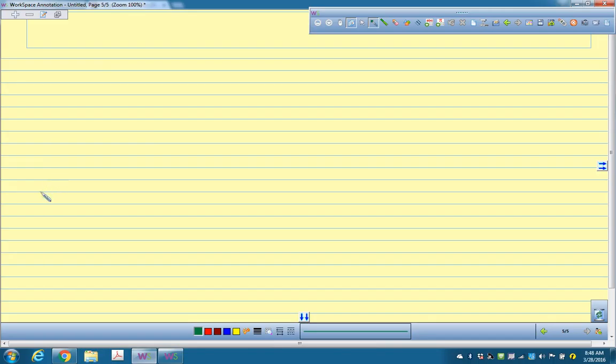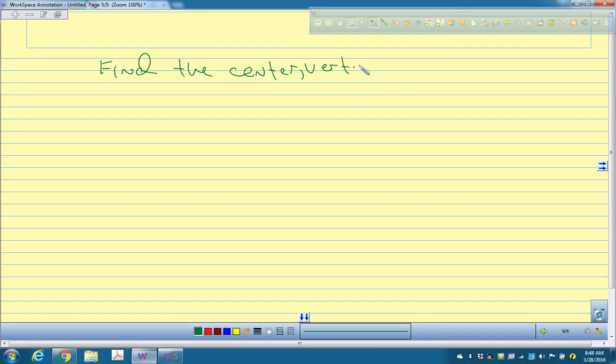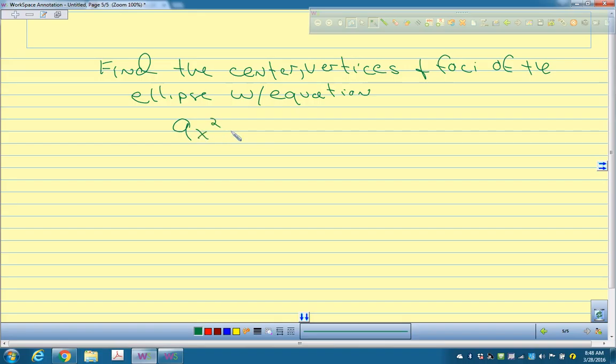Find the center, vertices, and foci of the ellipse with equation 9x squared plus 4y squared equals 36.